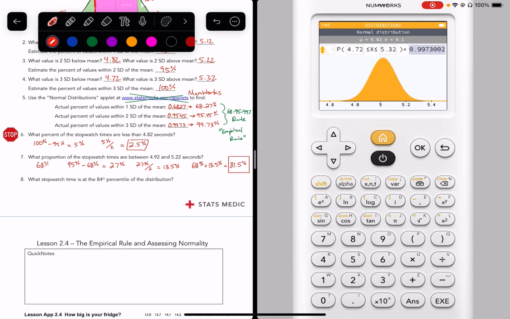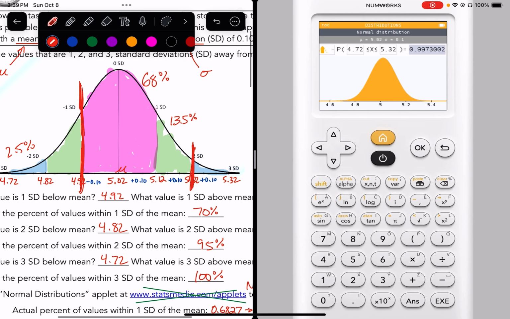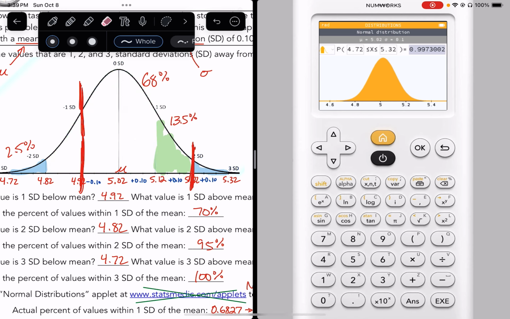And lastly, question 8. What stopwatch time is at the 84th percentile of the distribution? So we're trying to think, okay, 84% of the data is less than this number. So if we're thinking about it here, we're looking for a spot.